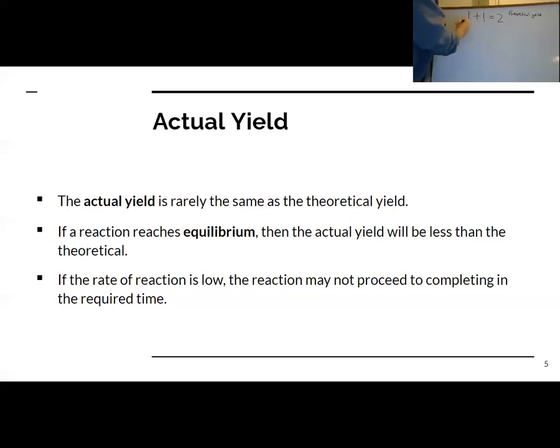If I run this process and I get 1 plus 1 equals 0.5. And this happens because the real world is not maths. The real world has other factors. And this is our actual yield.